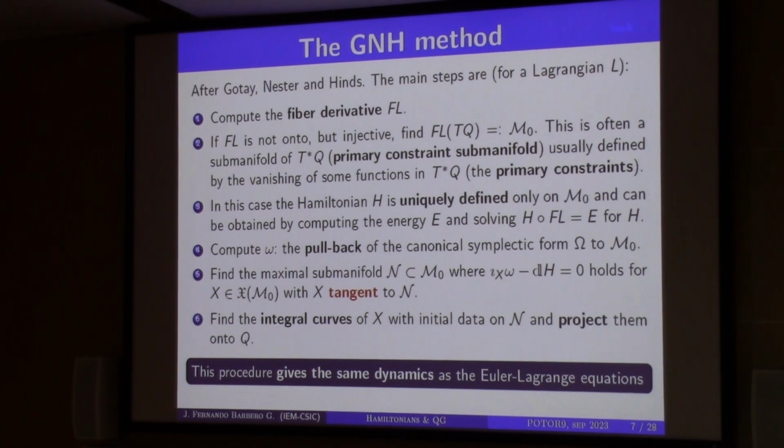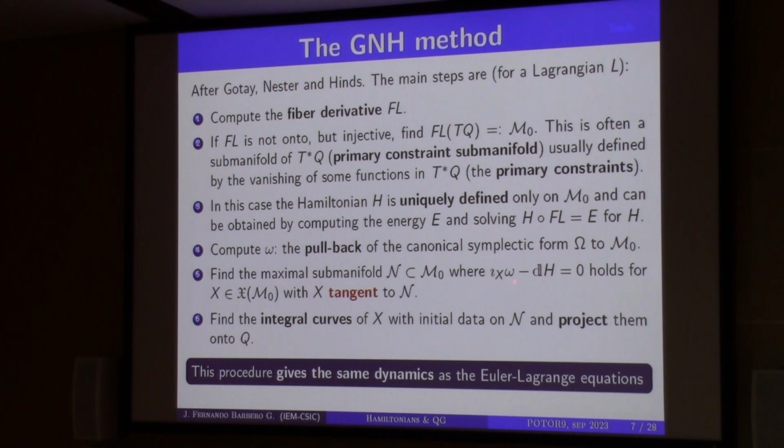This submanifold is called the primary constraint submanifold, which in the language of Dirac, he says that, well, sometimes you cannot write the momenta in terms of the velocities because there are some algebraic conditions involving velocities and momenta, so these conditions are what I call primary constraints. Well, from a more geometric picture, it's actually the image of this fiber derivative, what he's talking about, right?